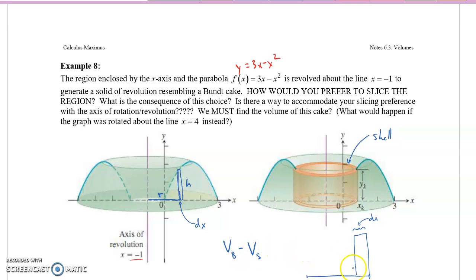But it turns out it's nicer if we slice this in half and pick r to be right in the middle of the wall of the shell. So r is going to be right here. And then our delta x value, it could be delta y in some cases, but in this case it's a delta x. We're going to add half a delta x to get to the big radius, and we're going to subtract half of a delta x to get to the small radius.